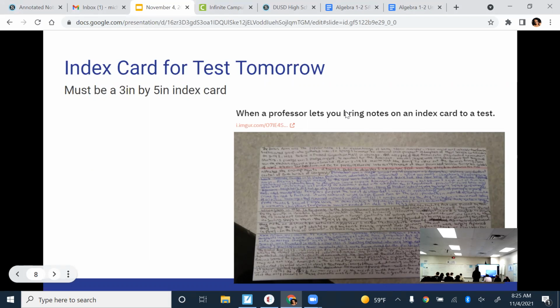Last call. All right, so again, you can fill it out front and back, and that's the only thing you can use tomorrow for the test. No notes otherwise.